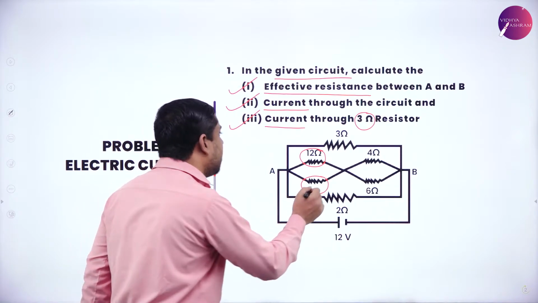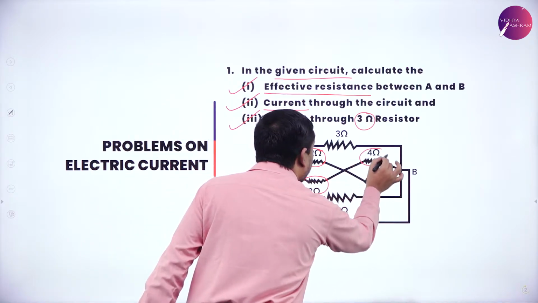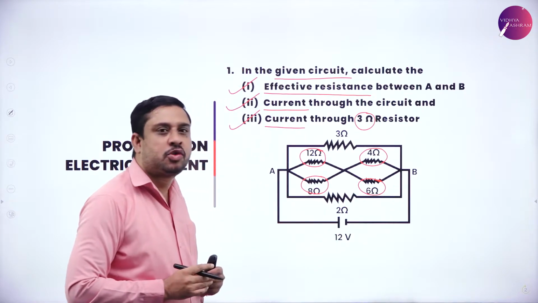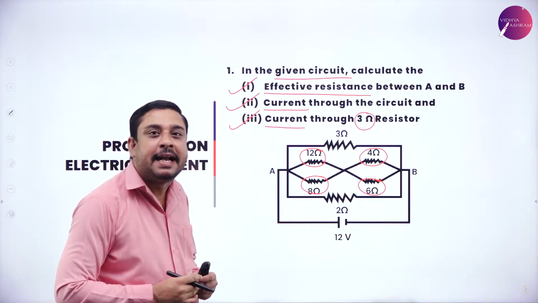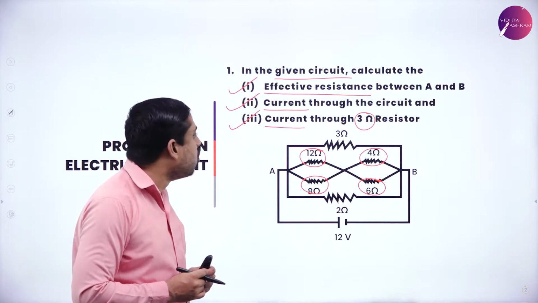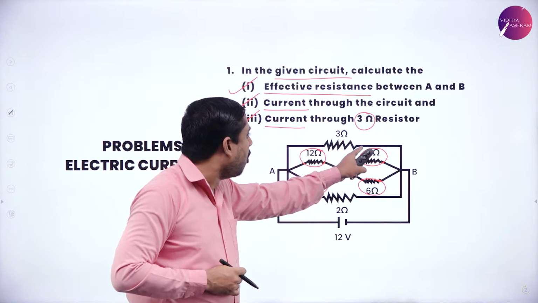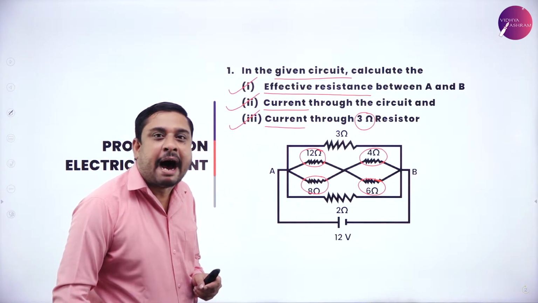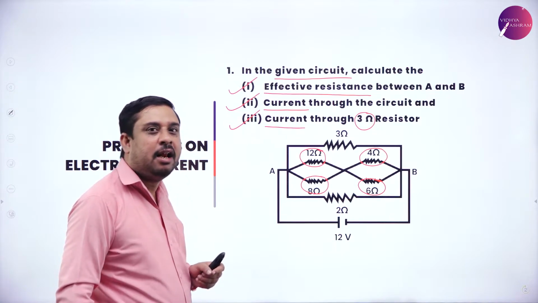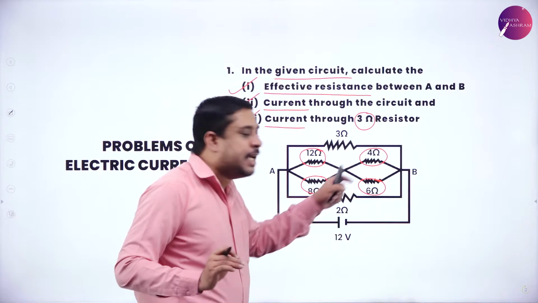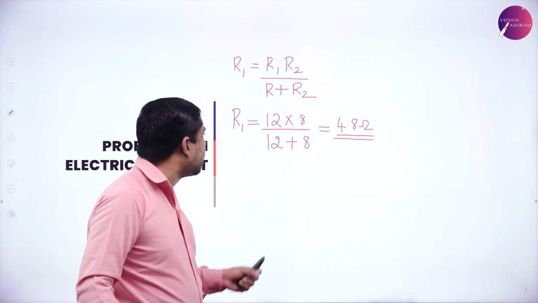Similarly, if you observe, 4 ohm and 6 ohm are connected in parallel. I say R2 is the effective resistance here.